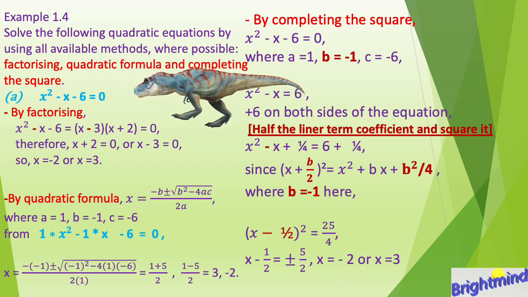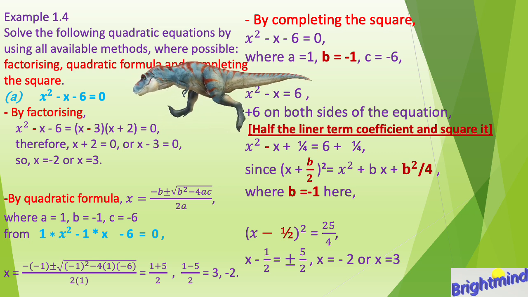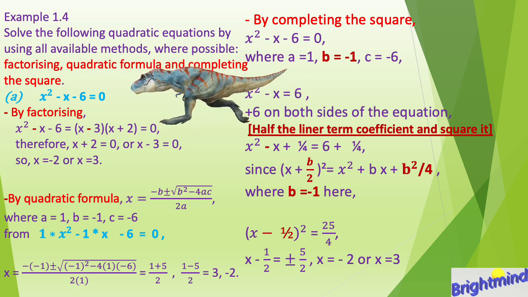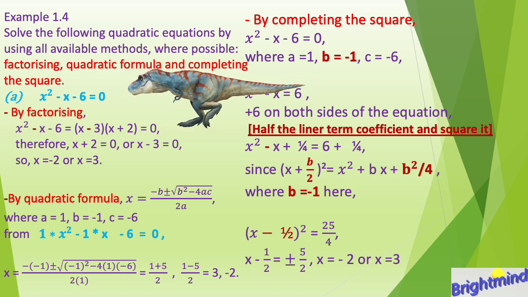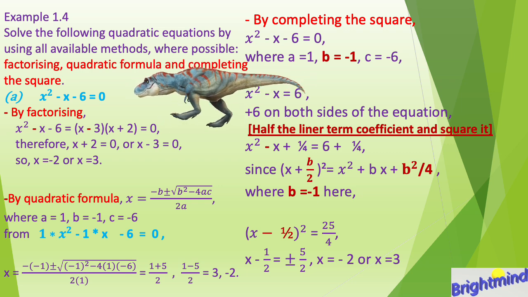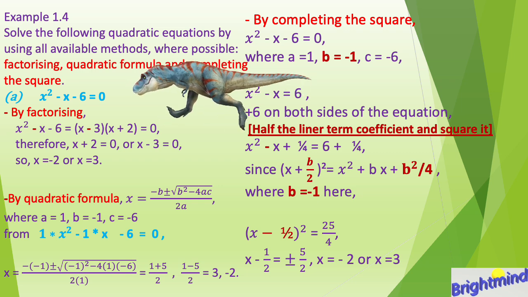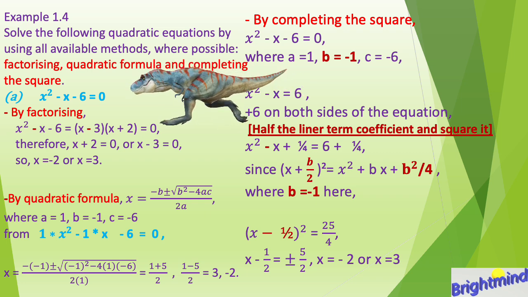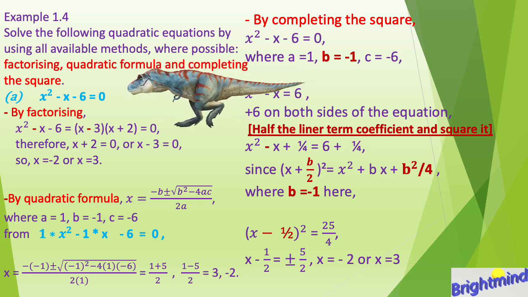You get the second last line, (x minus half) squared equals 25 over 4. Then you can take a square root on both sides. It is to get x minus half equals plus minus square root of 25 over 4, which is plus minus 5 over 2.